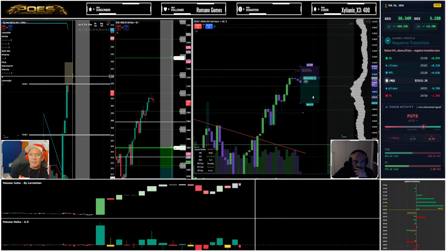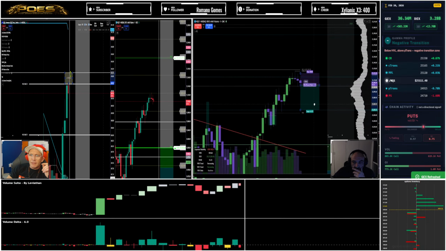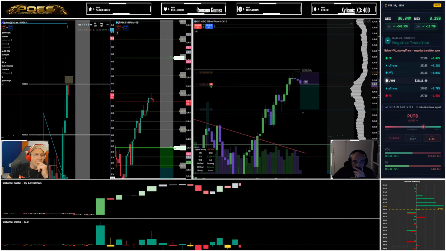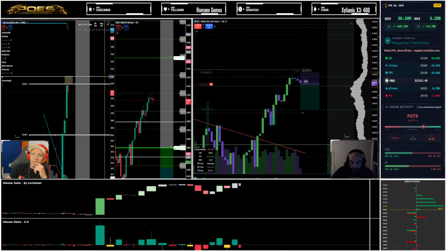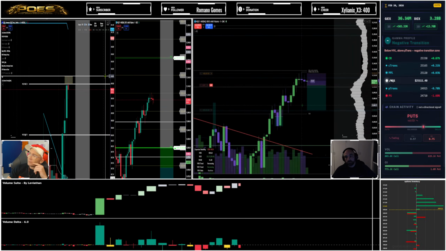3 minutes. It's looking good. 610 roundabout short here. Again, 610 was always going to be your resistance. It actually did get to 610. It got to 610.01.